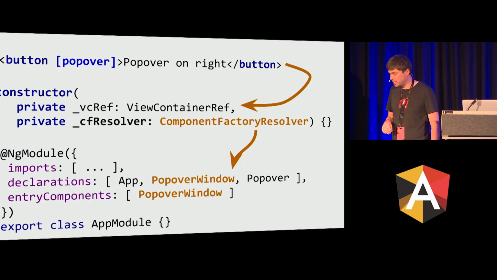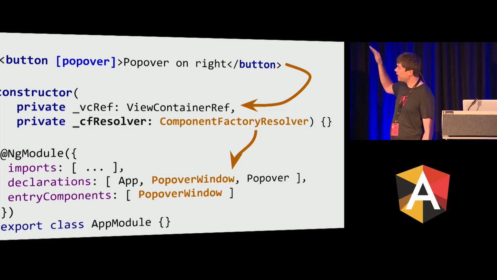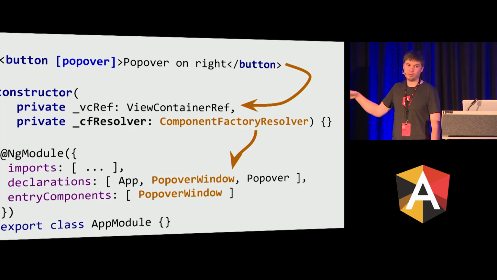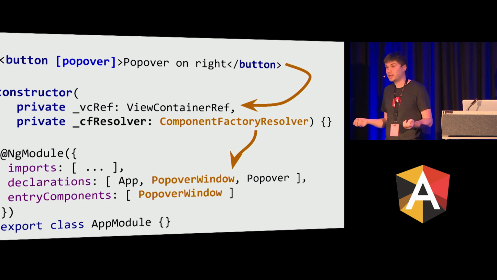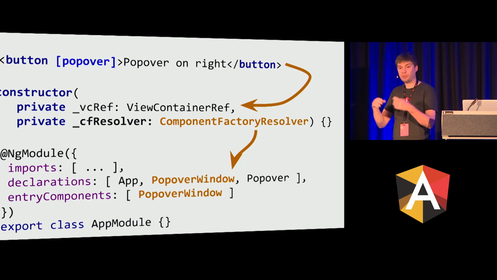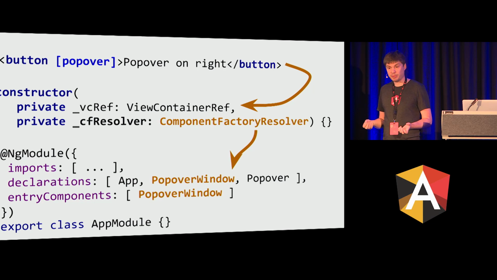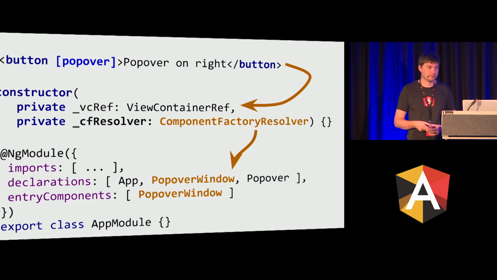The way it works is that when the compiler goes through all the ngModules, all the templates, and so on, sometimes the component that we want to create dynamically might not be used in a template anywhere. So the compiler doesn't know about it, right? Listing it in the entry components means: hey compiler, there is a component that someone might want to insert dynamically, so go and compile it so it's ready for the insertion.